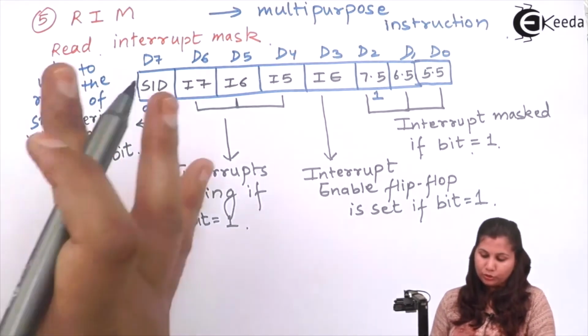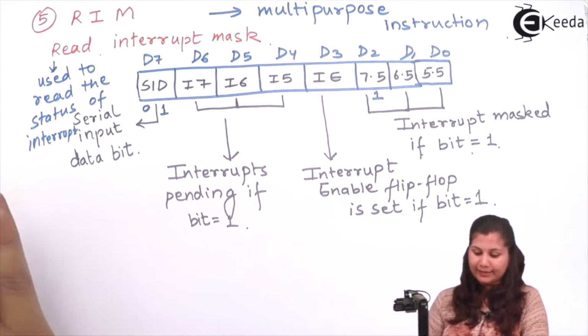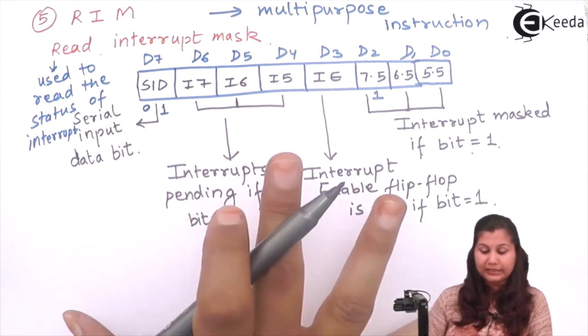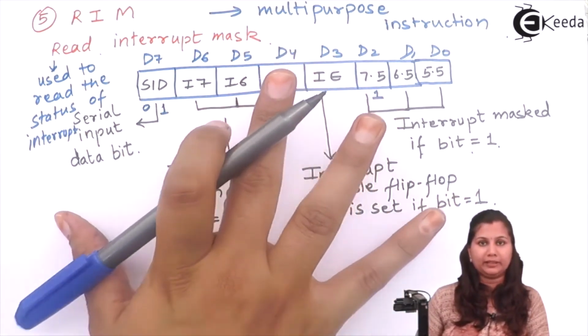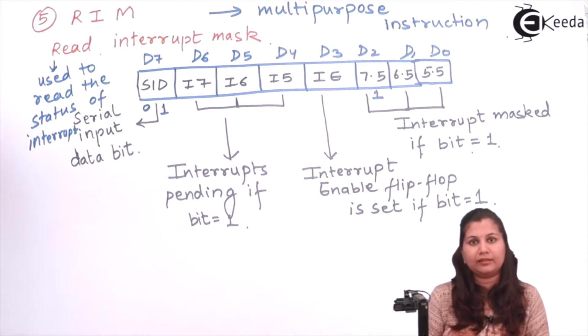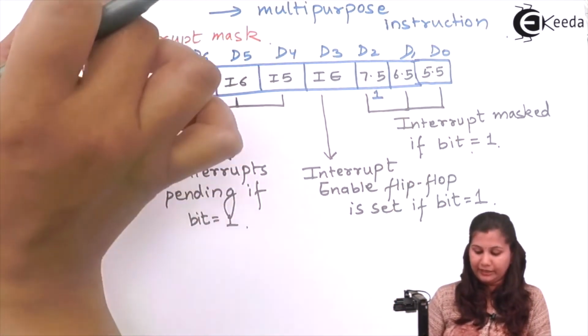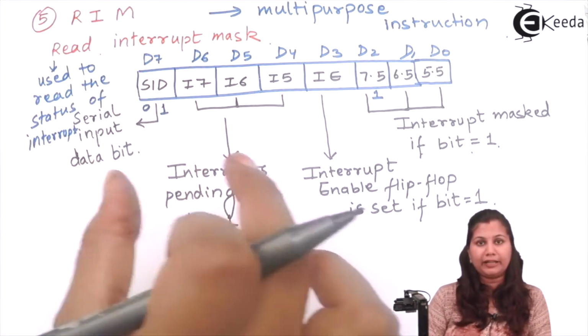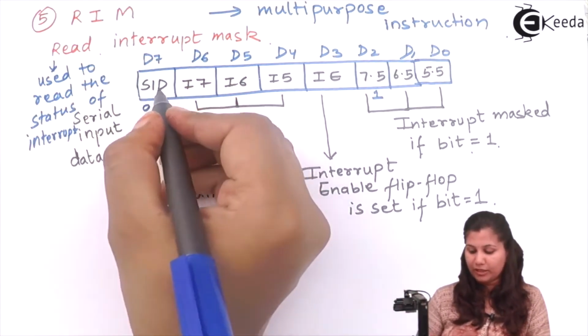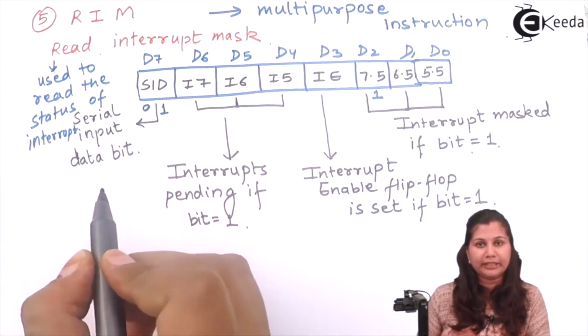Okay. So this read interrupt mask RIM instruction is defining the 8 bits of the accumulator. Because the accumulator is an 8-bit register, it will have 8-bit data, and those 8 bits are defined by this RIM instruction: the most significant bit will be taken as the serial input data bit.